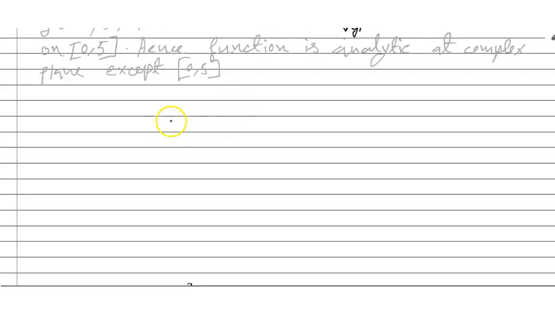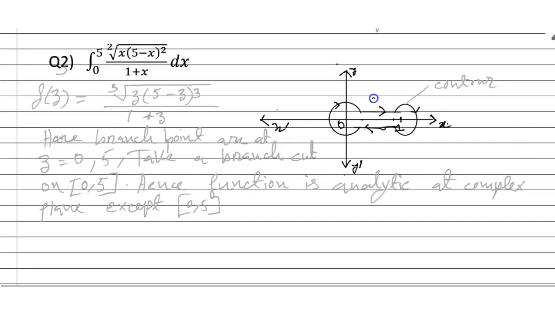So friends, whatever we get, we can again write it is A, it is B, it is gamma 1, it is gamma 2.